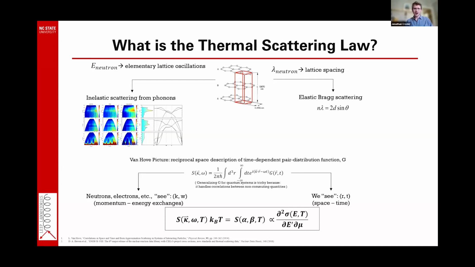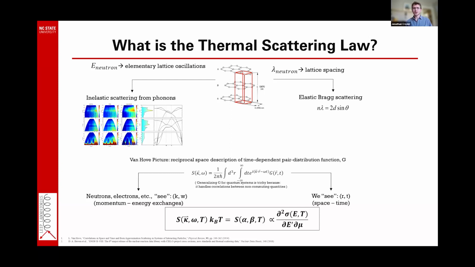I know for reactor physics practitioners, the thermal scattering law is data that you bring into your calculations, particularly if there's a thermal spectrum scenario.